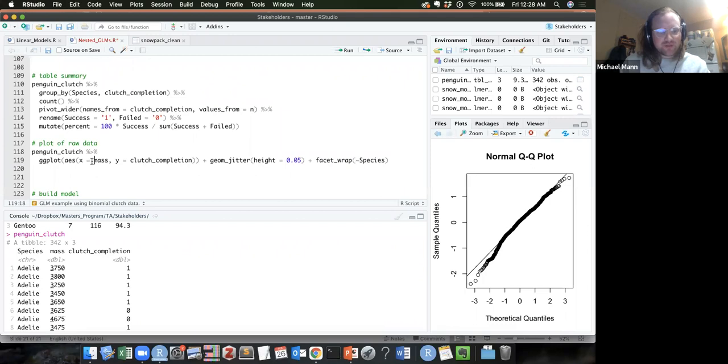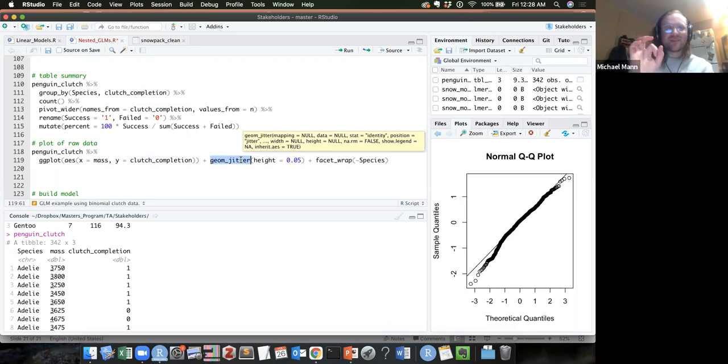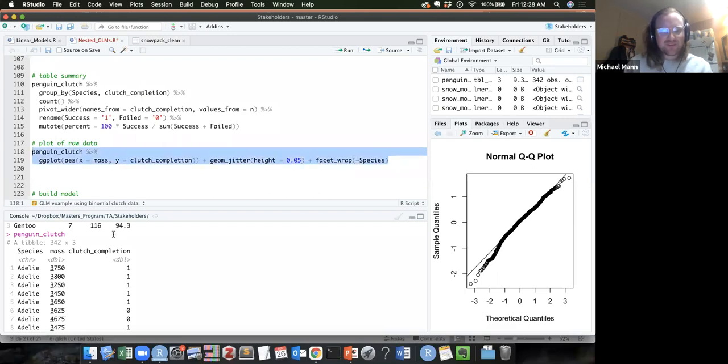The x-axis will be mass, y will be clutch completion. We'll do dots for these. I'm using geom_jitter because a lot of them are all zeros or ones, so they would all end up at the same exact point. Jitter will shift them around so you can see all the data slightly. It distorts it a little bit because you're not getting exactly the right x value, but it's not enough to make a big difference in your interpretation.